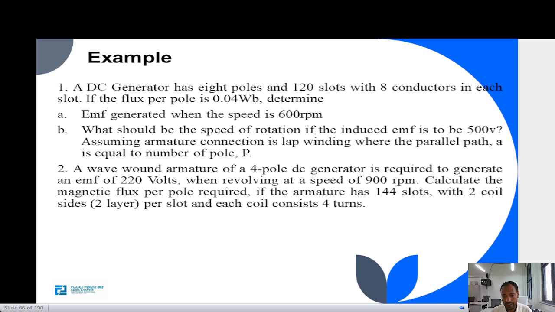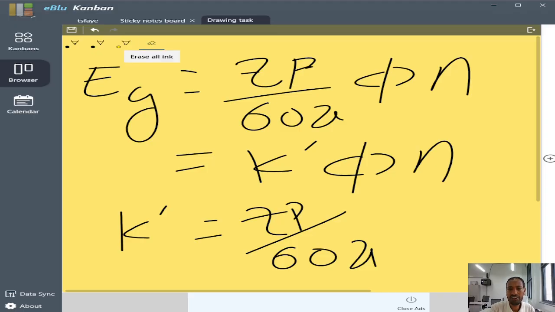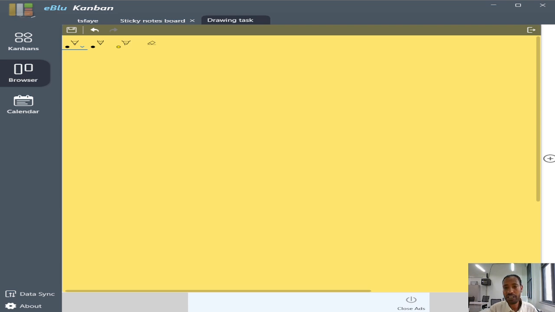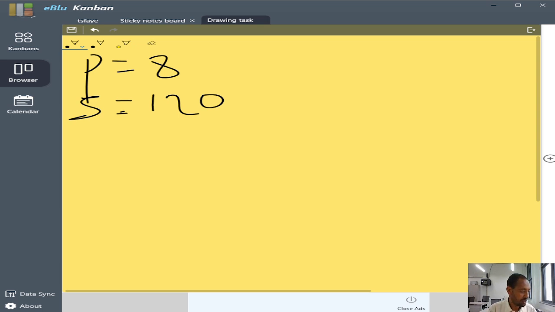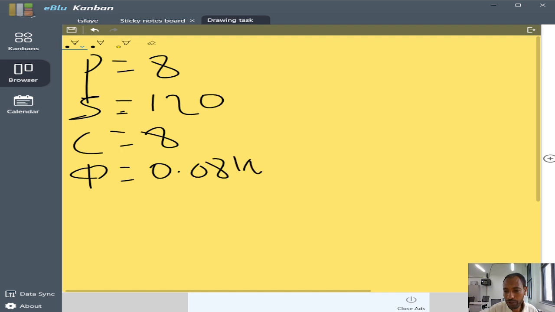Then how are we going to attempt this? What are the givens? P is given as 8 poles, and the slots of our machine are given as 120. A slot is a place where we are going to place our windings, and 8 conductors are given in each slot. The flux per pole is 0.04 Weber, the unit for flux.